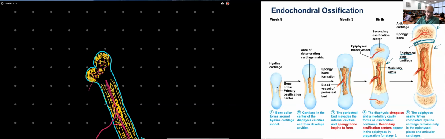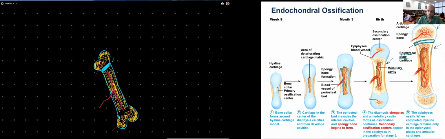The epiphyseal plate is the cartilage that's going to remain between the epiphyses and the diaphyses. Why do you need this plate? Because something that we need to be aware of is that you can't build up bone from scratch.